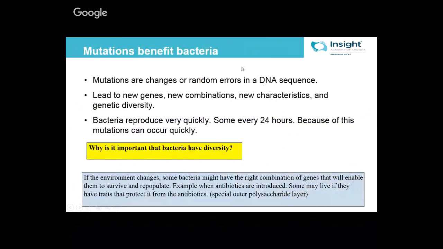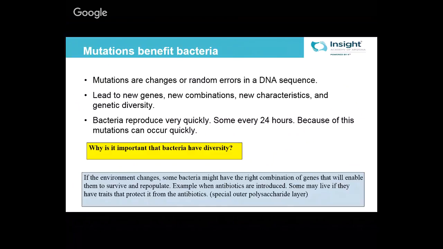Okay, next. So mutations within the bacteria. We spoke about conjugation, which is a part of the reproduction of bacteria where it moves genetic material from one bacterial cell to another using the pili. That process, adding in that genetic material, can create a mutation, and there can also be random errors during binary fission that can create mutation, but it basically is a change in the DNA sequence.